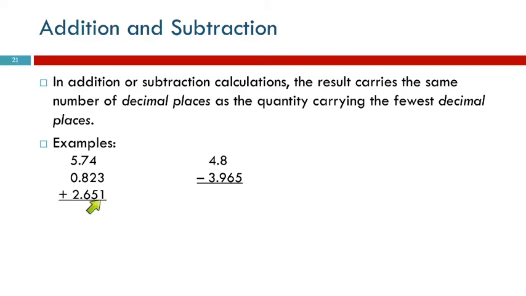Here, the numbers are stacked up like we would do if we were doing long addition without a calculator. In 5.74, which of those digits is uncertain? The 4. I'm going to underline that. In 0.823, which digit is uncertain? The 3. It's always the last one. In 2.651, which one's uncertain? The 1.